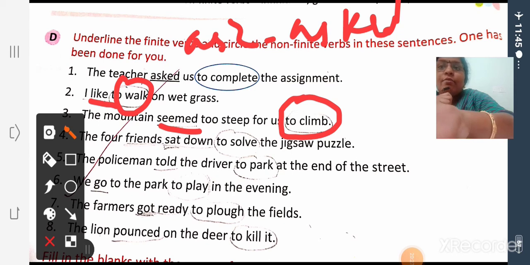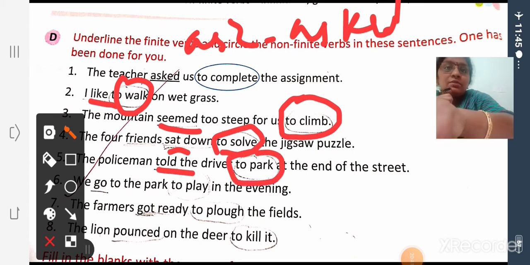Then, my friends sat down to solve, this is non-finite. The policeman told the driver to park. Told is a finite verb, because all these underlined verbs change according to the subject. Okay, then we go to the park to play.